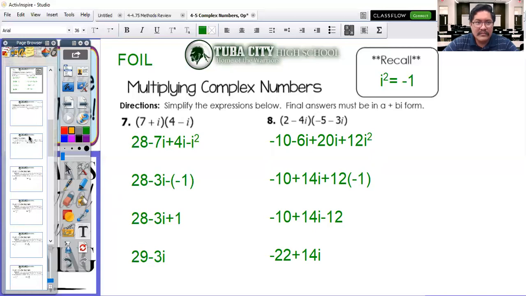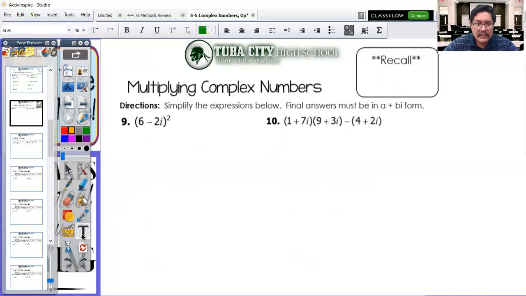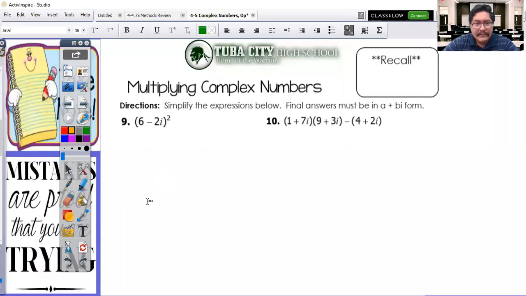I think this is another multiplying one. In this case we have a square number. Well, actually, this would be a perfect square trinomial. So I'm going to just go ahead and expand it out, 6 minus 2i times 6 minus 2i.